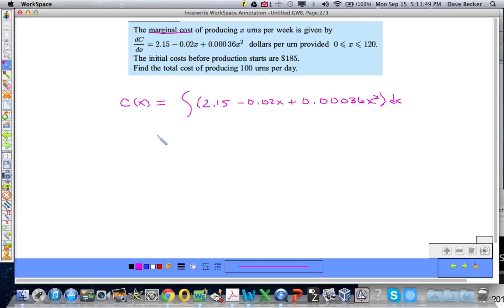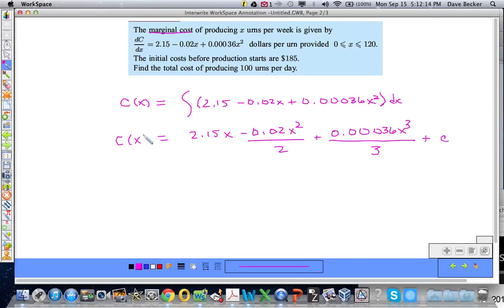We take that integral, that is equal to 2.15x minus 0.02x squared over 2 plus 0.000036x cubed over 3 plus C. So that is our cost function.